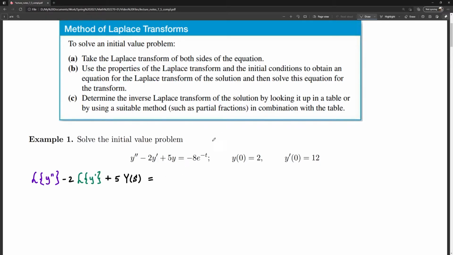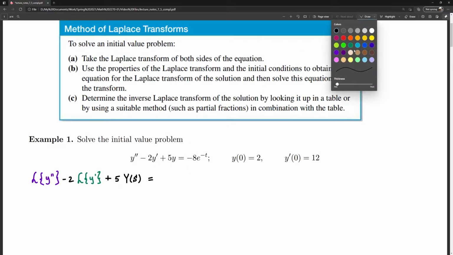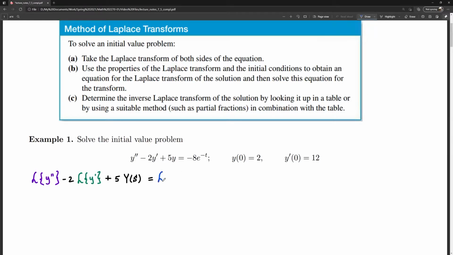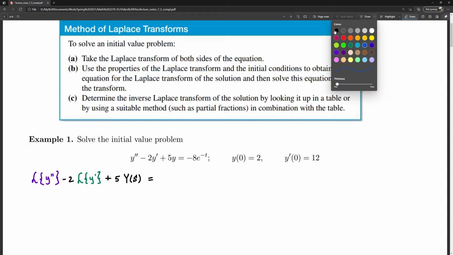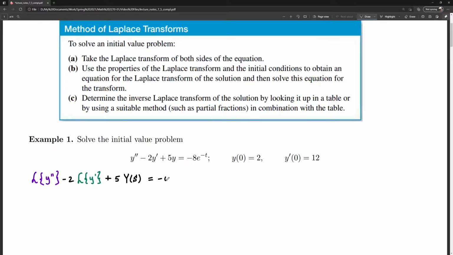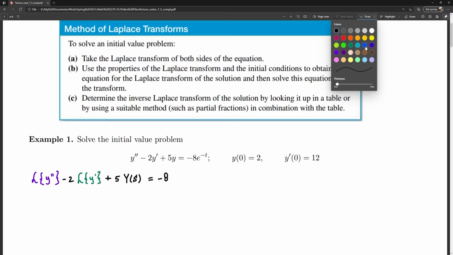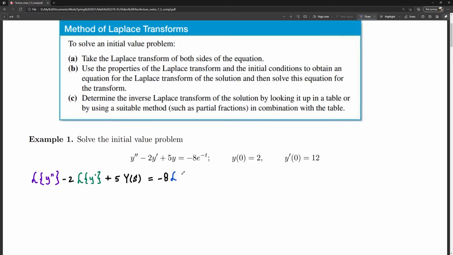And then we also take the Laplace transform on the right-hand side, and we can factor out a negative 8 because of linearity. So it's negative 8 times the Laplace transform of e to the power negative t.